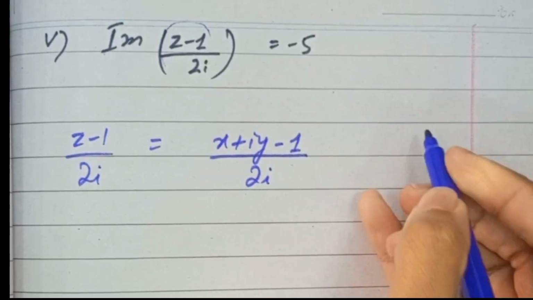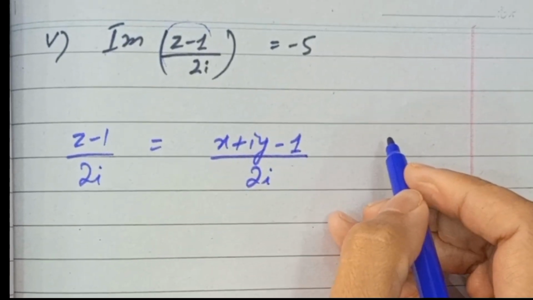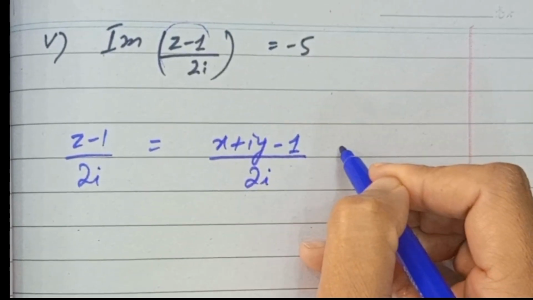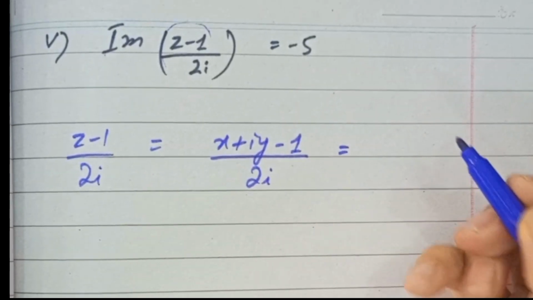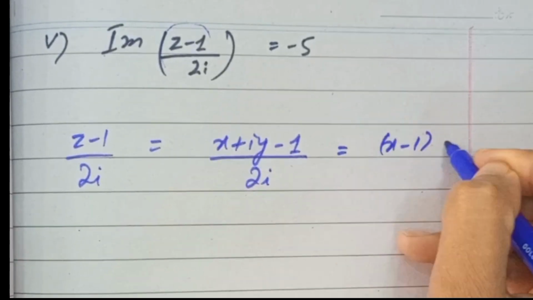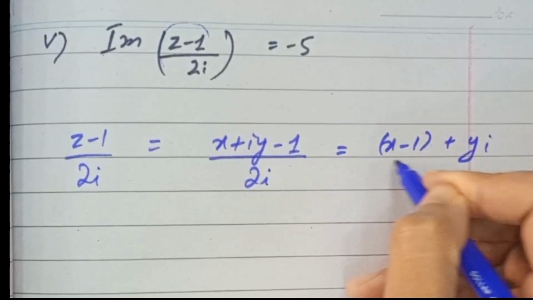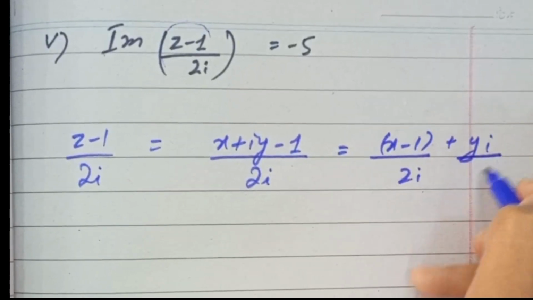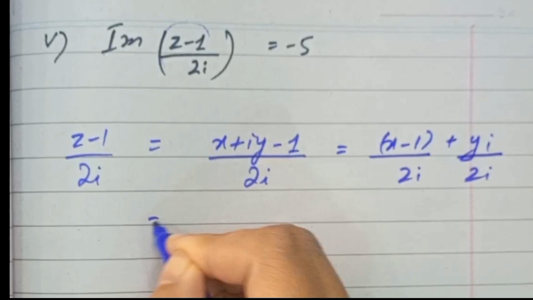For this we will multiply and divide, or you can check what will be the imaginary part of this. x minus 1 plus y iota whole divided by 2 iota.